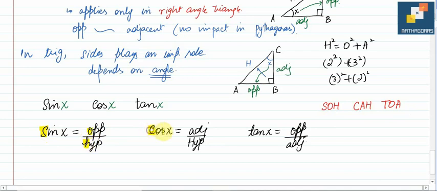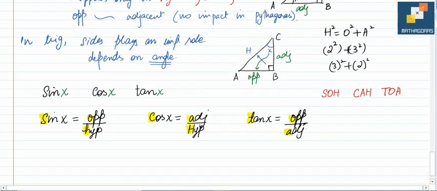The first letters here are S, O, H, then C, A, H, and then T, O, A. So that is our working formula, and we write the same thing here: SOH, CAH, TOA. SOH means sine equals opposite divided by hypotenuse.